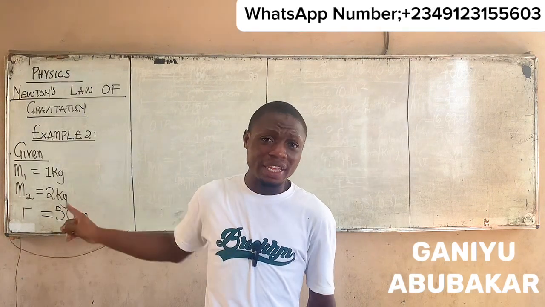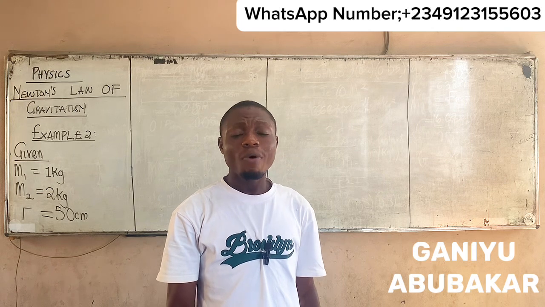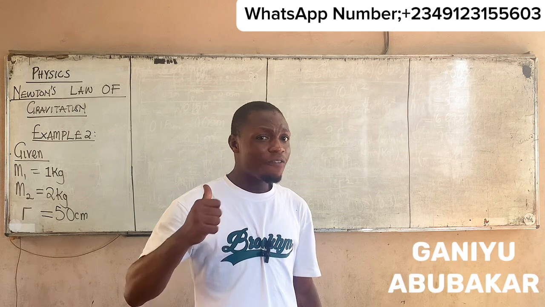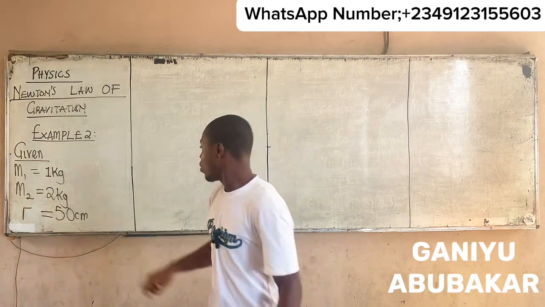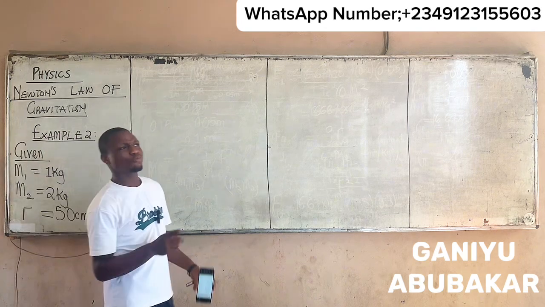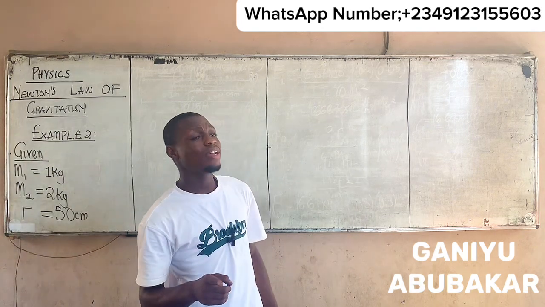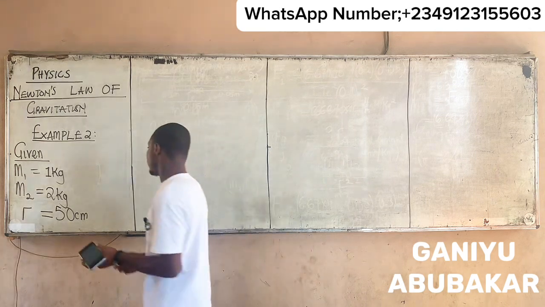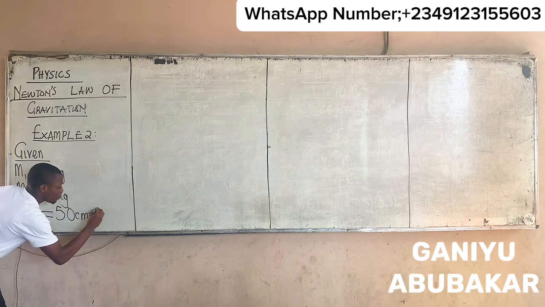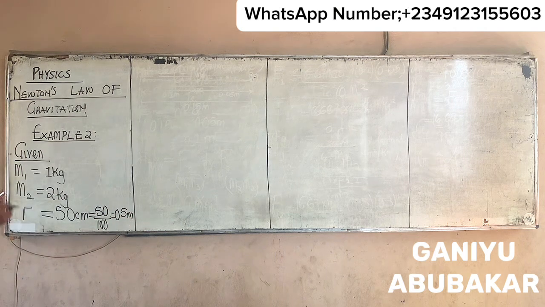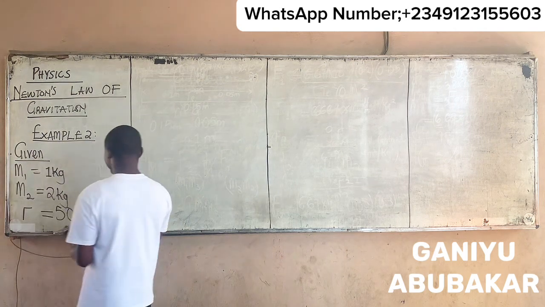We said distance is not in centimeter, rather in meters. Convert this to meters, please. It's easy to convert centimeter to meter: divide by 100. So 50 over 100 gives 0.5 meters. All right, I'm done with the conversion.